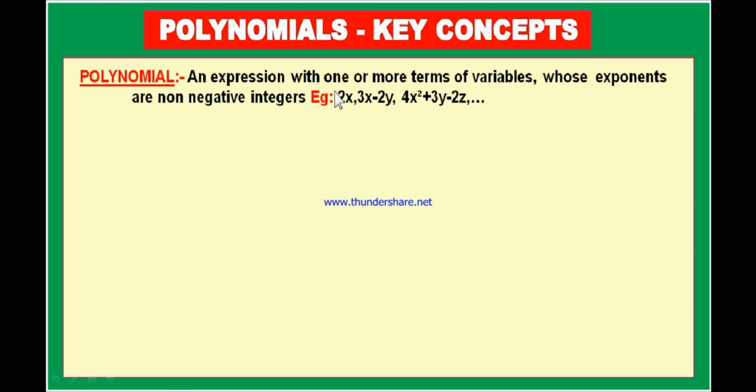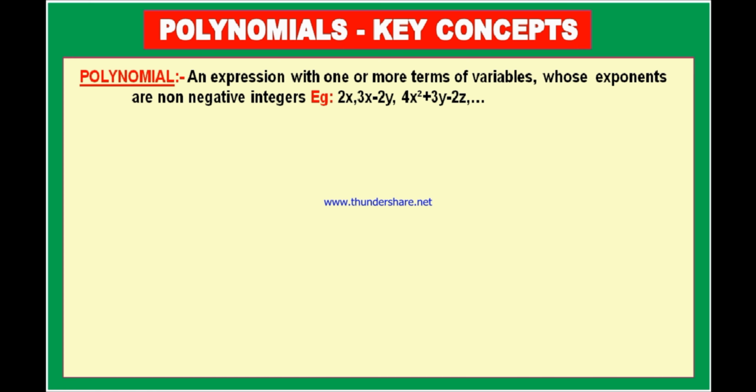Understood? Therefore, any expression with one term of the variable or more than one term of the variables whose exponents are non-negative integers is called a polynomial. You can see here an example, 2x.